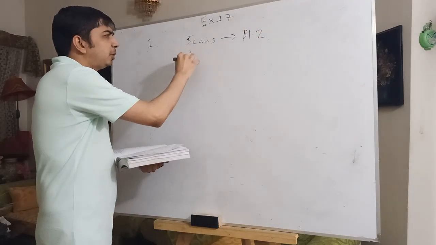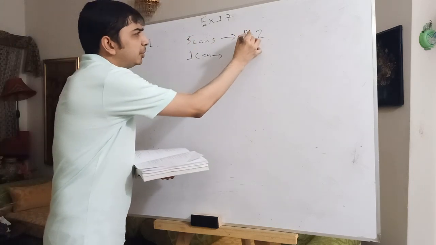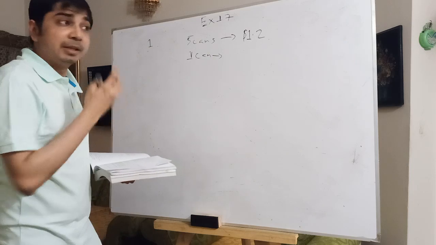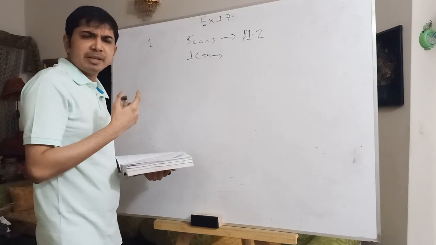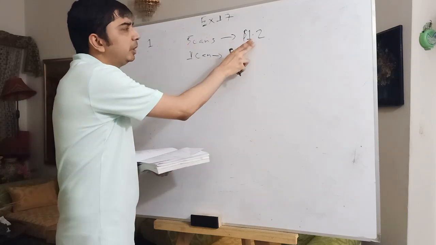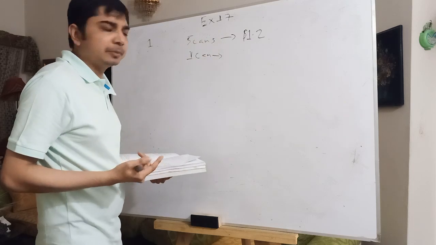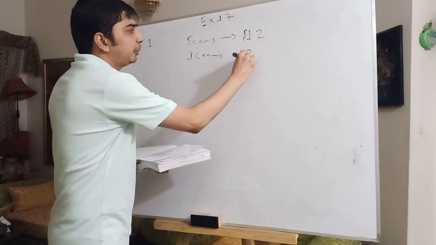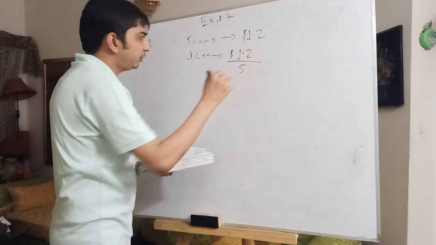What's going to be the cost of 1 can? You have to understand that if 5 cans cost $1.2, the cost of 1 can is going to be smaller. It's very obvious. So it's going to be $1.2 divided by 5. That's going to be the cost of 1 can.